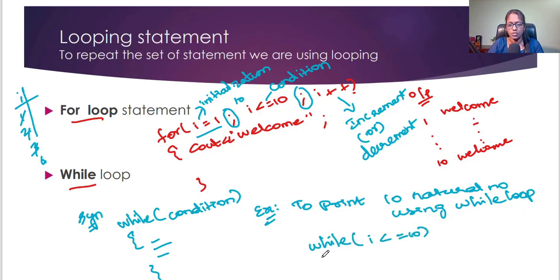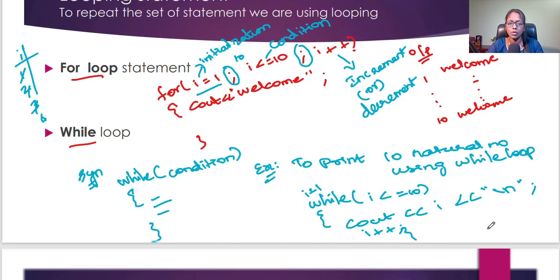See, this is a condition. Initialization you have to do before, i equal to 1. This is C++, right? So you have to use cout i, and if you want a new line, you can use \n. That's it. It will print the i value, and then you have to increment the i value here by using i++. So this program will print the first 10 natural numbers using a while loop.